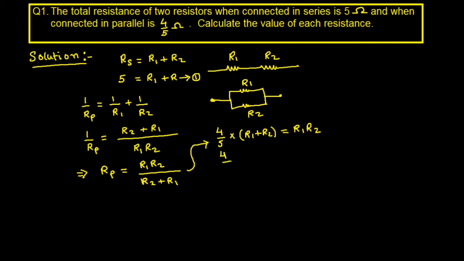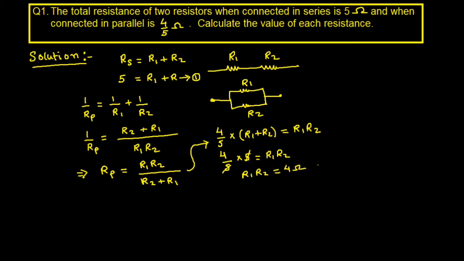So this is 4 by 5 multiply, instead of R1 plus R2, I will put 5. So this becomes R1 R2. So 5 and 5 will get cancelled. So this R1 multiply R2 is nothing but 4 ohm.